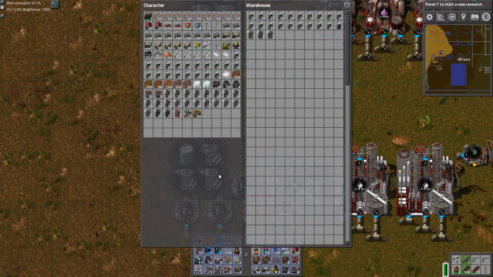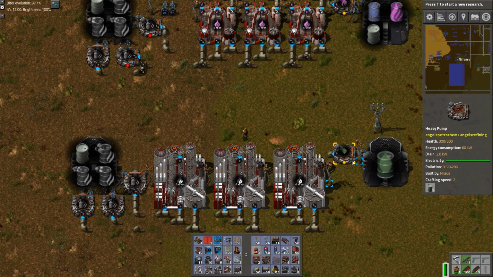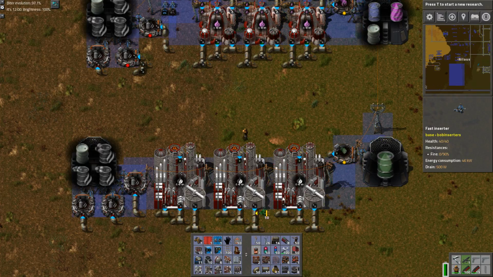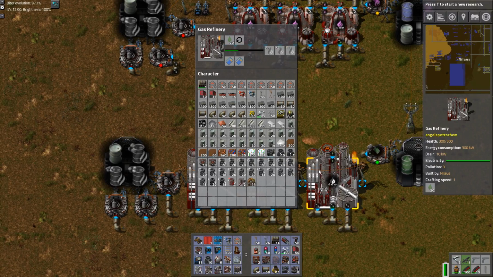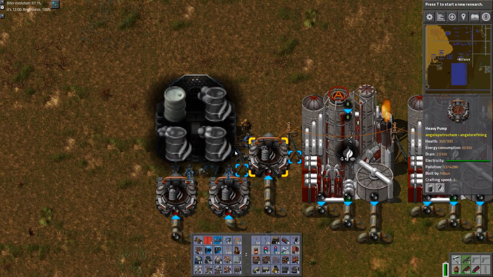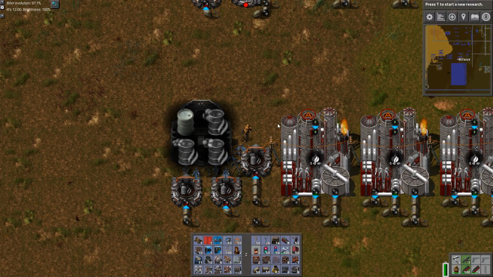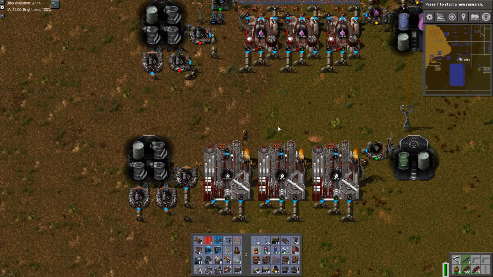In any case, this is quite an efficient process if it does not jam. Why is it jamming? It is jamming because it's not able to put them back in there. So let's have a look at how they're working. Yes, they're working, and over here is the usual habit of putting them back in. I very strongly recommend building a setup like this, especially if you're running a heavy robotized setup.